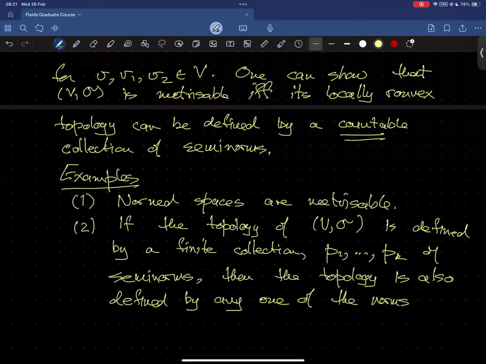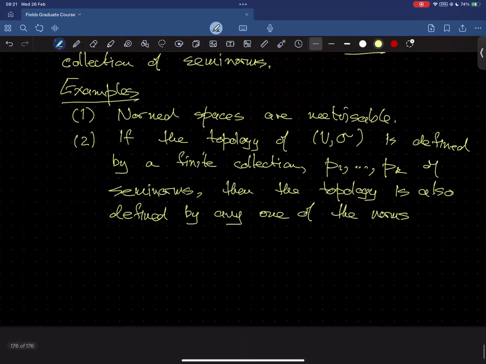I have this finite collection P1 up to PK of seminorms, and I can combine those into a norm in various ways. And I'm going to write down 3 ways.